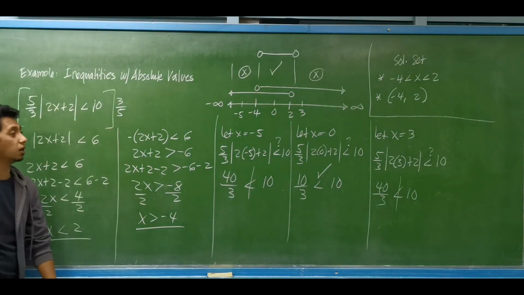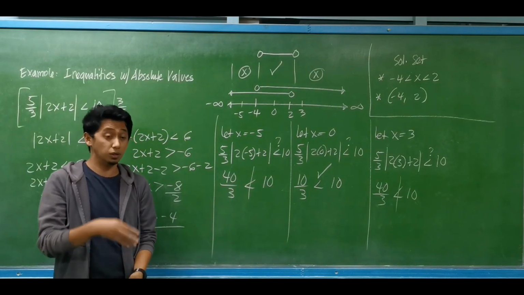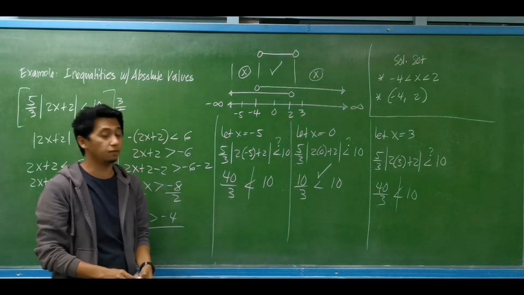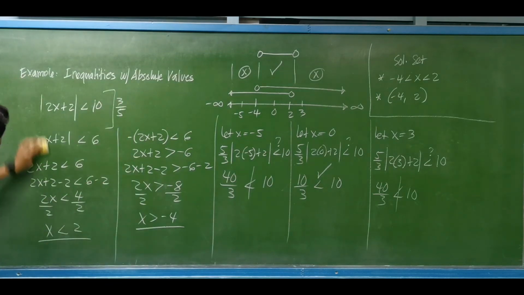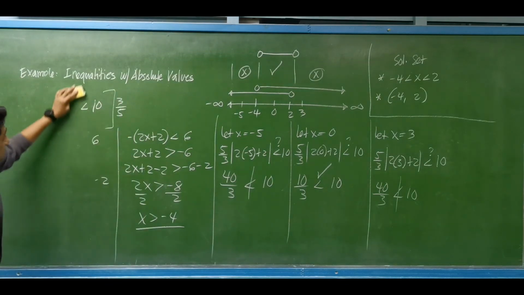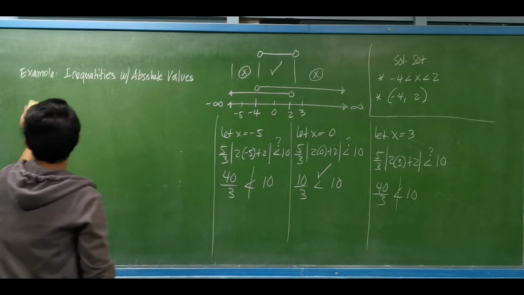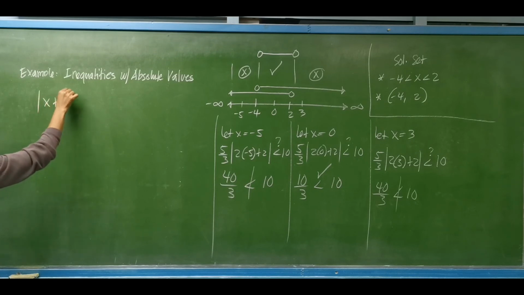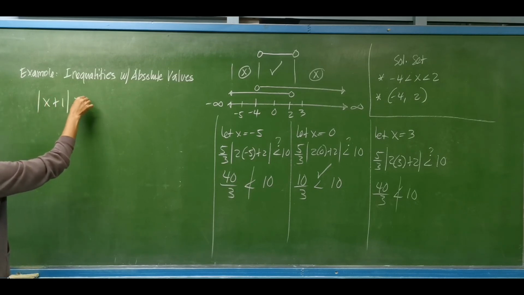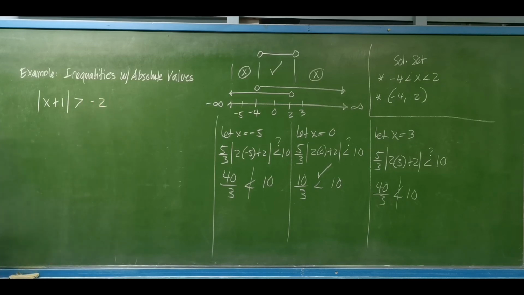So be careful when solving for the solution set of inequalities with absolute value. For example, we have the absolute value of x plus 1 is greater than negative 2.